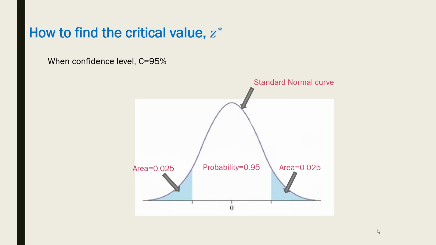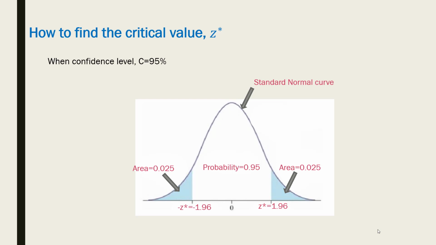So, now how do we find the z star? Yes, go to table and check the number in the middle of the table. Check the number 0.0250. Then you will get z star equal negative 1.96. So we discussed how to use the z table under chapter 3.